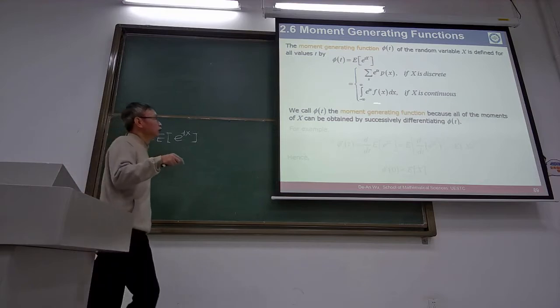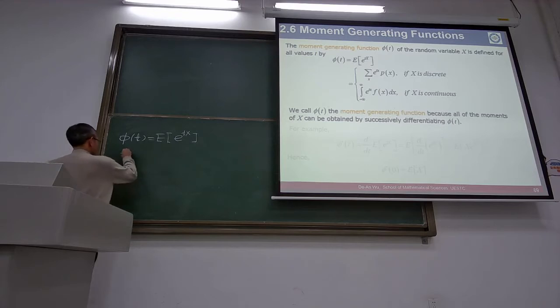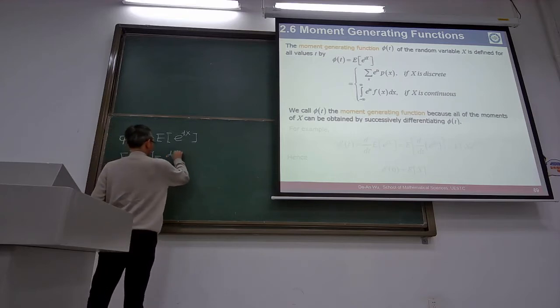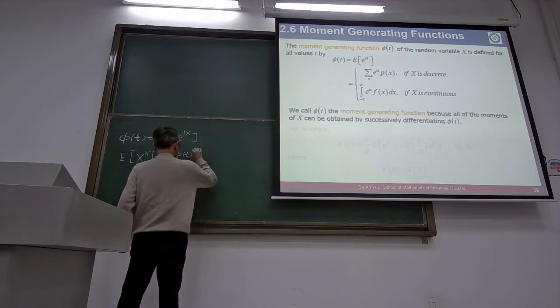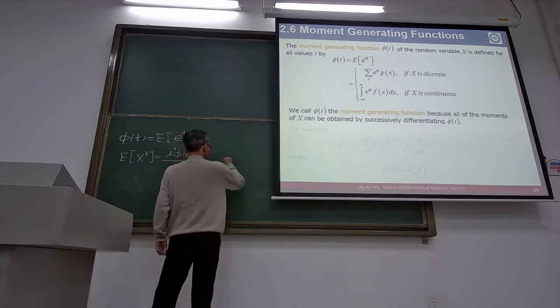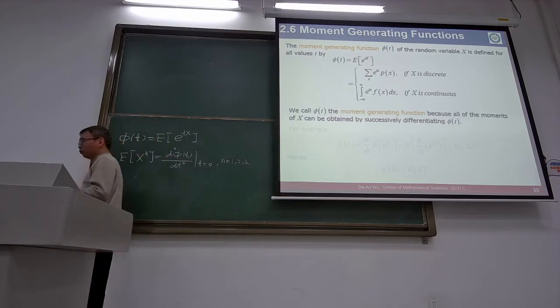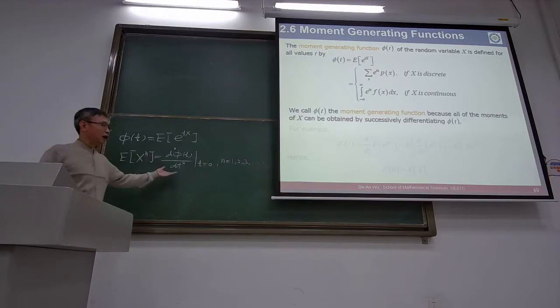This one is known as the moment generating function because the moment of X, the nth moment of X, can be calculated by this formula, here n from 1, 2, 3, and so on. That means all these moments can be given by this formula.